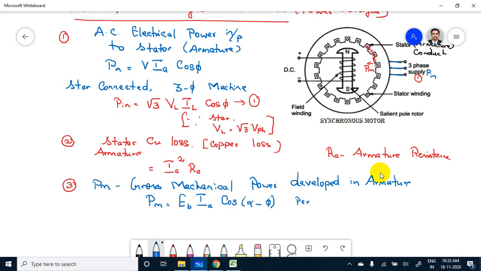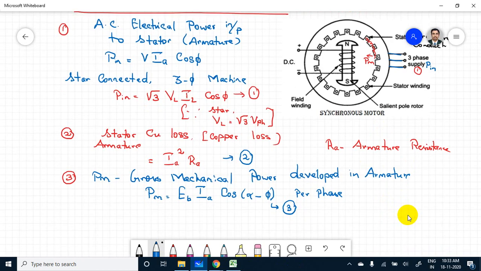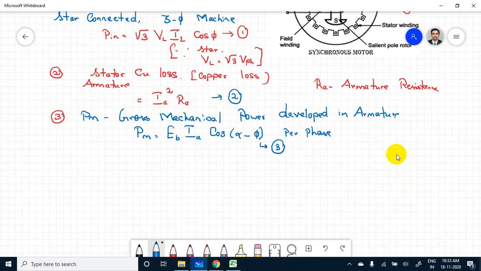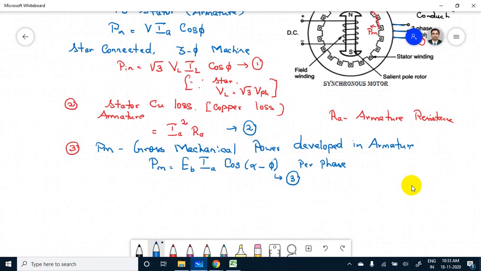Everything, all the values we have to calculate only in per phase. Okay, PM equal to EB IA. So first formula is P in, second formula is stator copper loss, third formula will be this one, PM, EB IA cos of alpha minus phi. Okay, alpha minus phi.